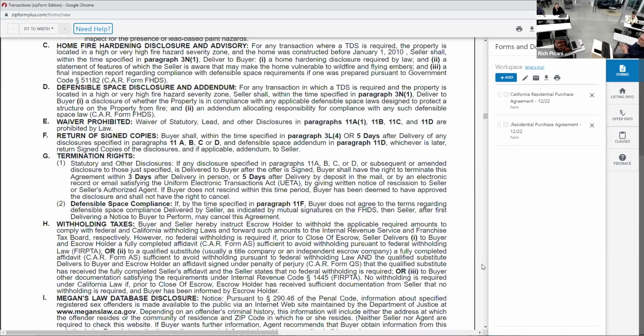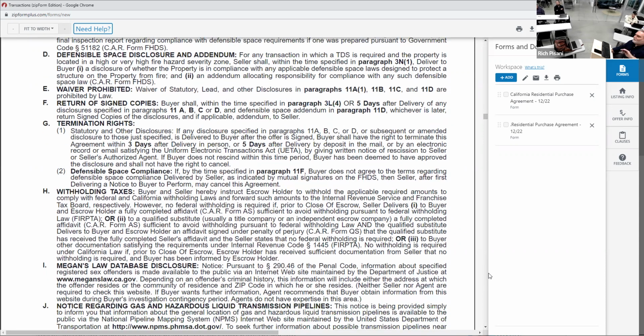So that means even if the buyer removed their contingencies for seller disclosures, the minute that AVID gets sent to the buyer, you've given them an out. If they don't like something they see in your AVID, then they have a termination right for 5 days. They can rescind that sale.